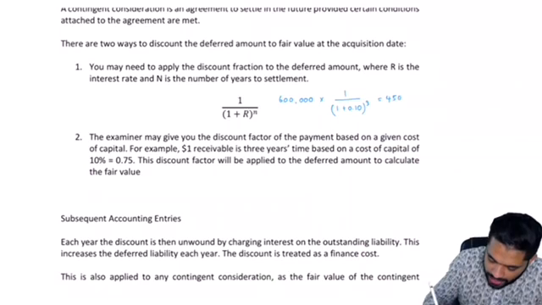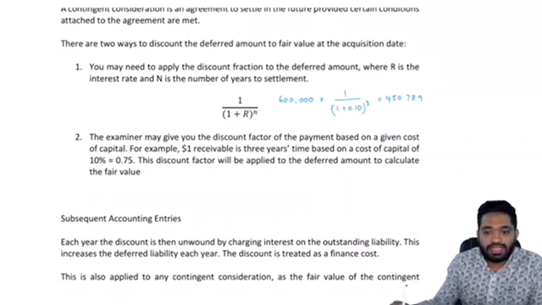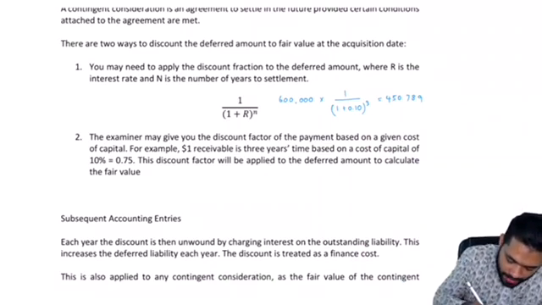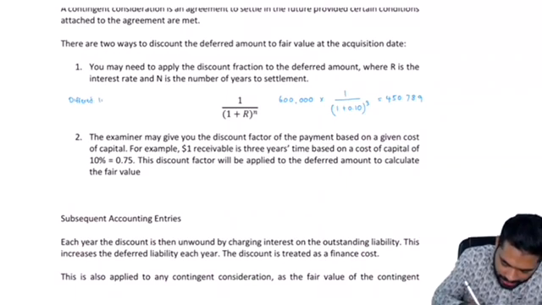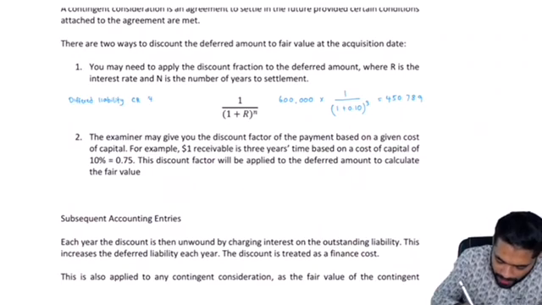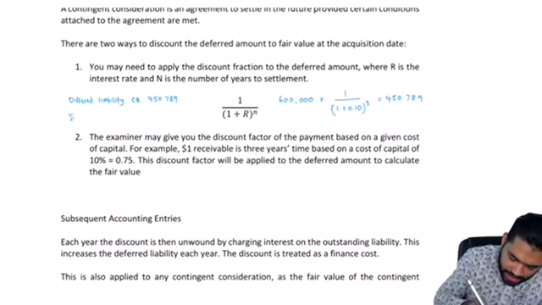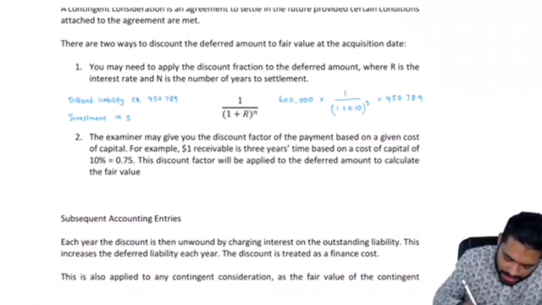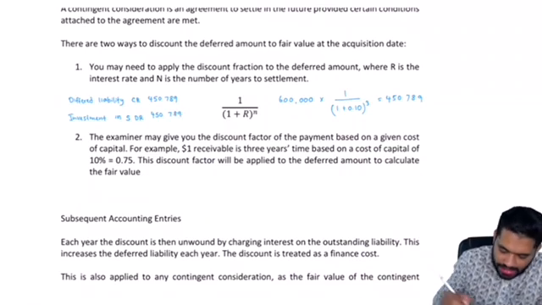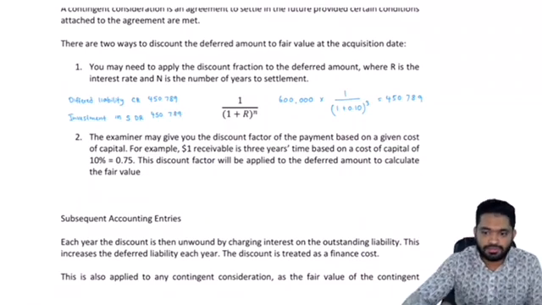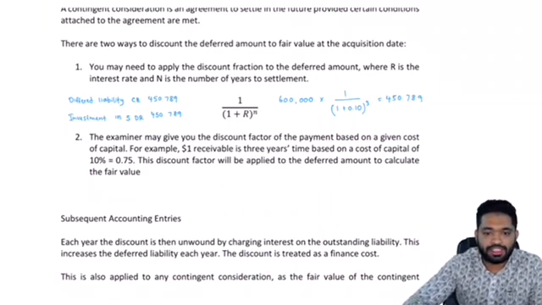So at the initial recognition, what would happen is my deferred liability will get credited by 450,789, and the investment in the subsidiary will get debited by 450,789.